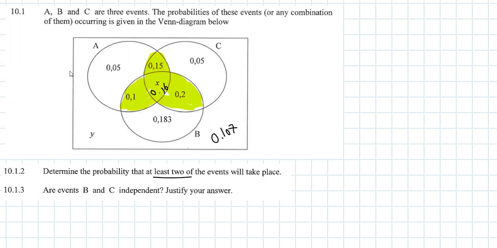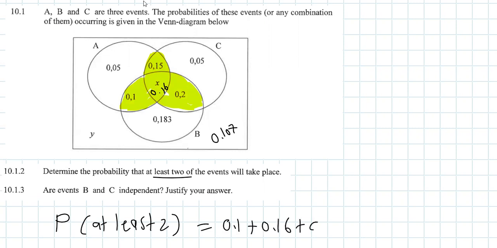Probability that at least two events occur. So we have probability of at least two is going to be equal to 0.1 plus 0.16 plus 0.2 plus 0.15, 0.16.